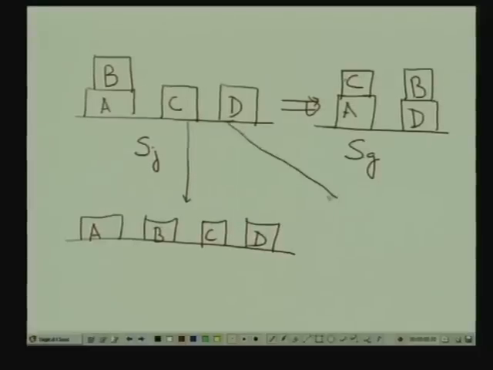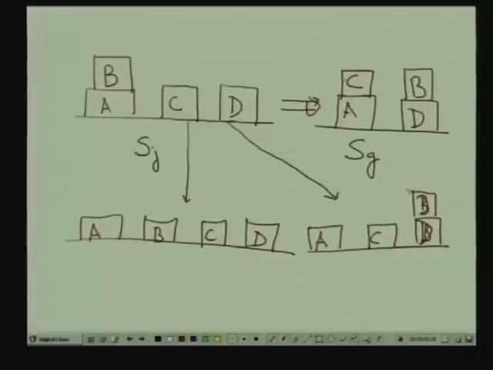Suppose this is also allowed, then I can straightway come to this, that A will be here, C is here, and I directly take B on D. Sorry, this is B and this is D. Let me make it cleaner.